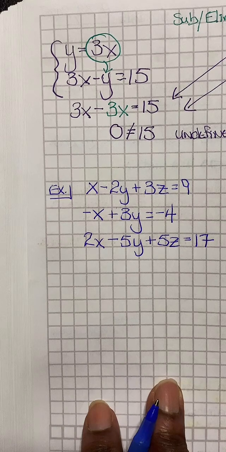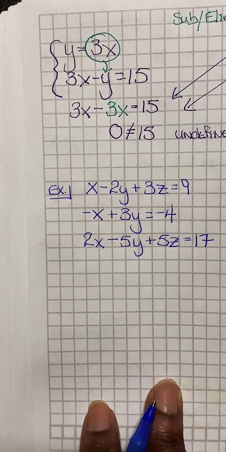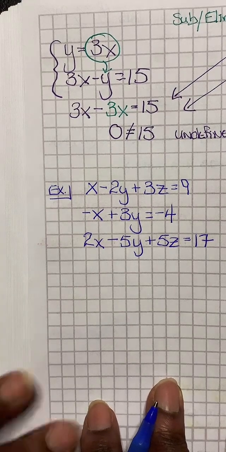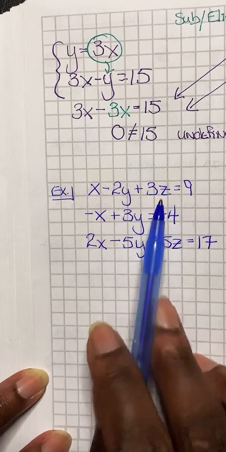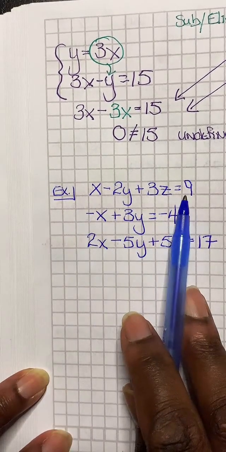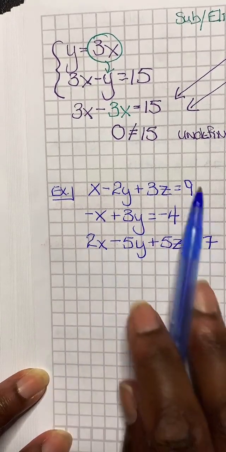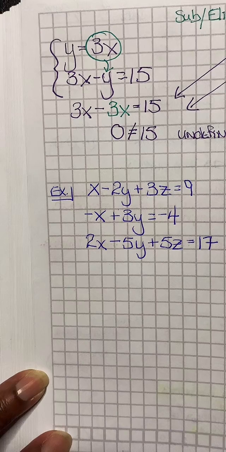Thank you. All right. So, in order for us to figure out what the values of x, y, and z are that are going to accommodate not just one equation, but all 3 of those equations.